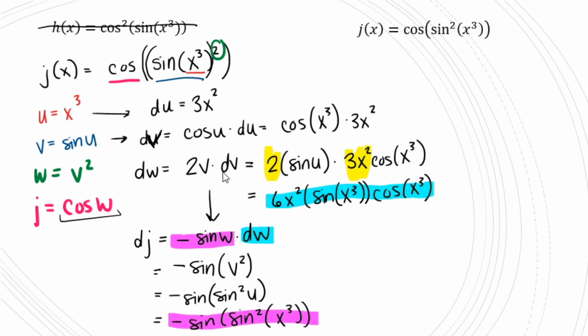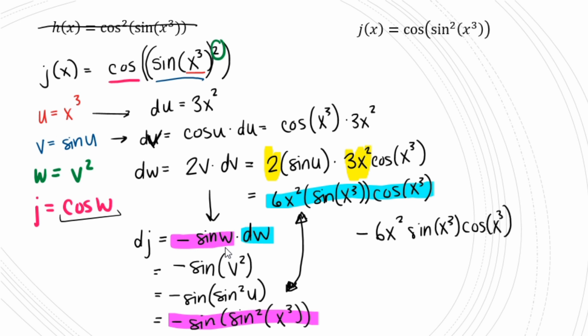So I've got that half, and now I have to multiply pink and blue together. So I have to smash these bad Larrys together. So just taking a pause. What can I put in front? Pink negative, blue 6x squared. I'm going to write sine x cubed cos x cubed next.